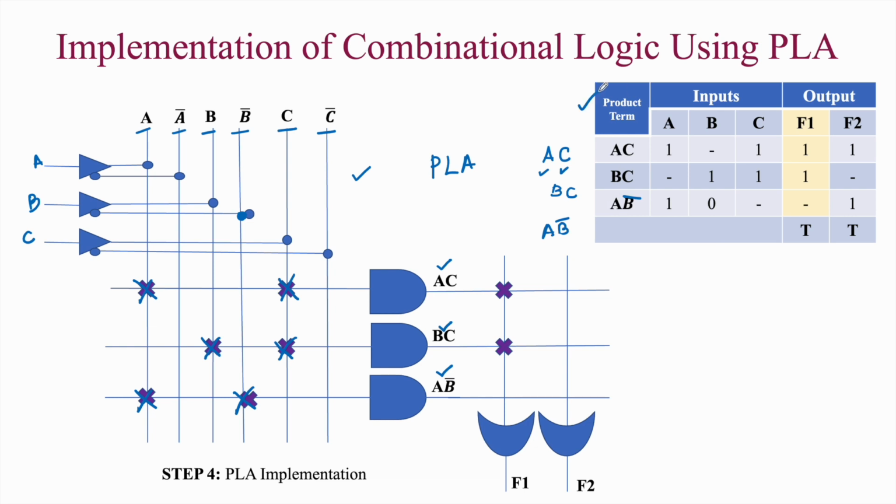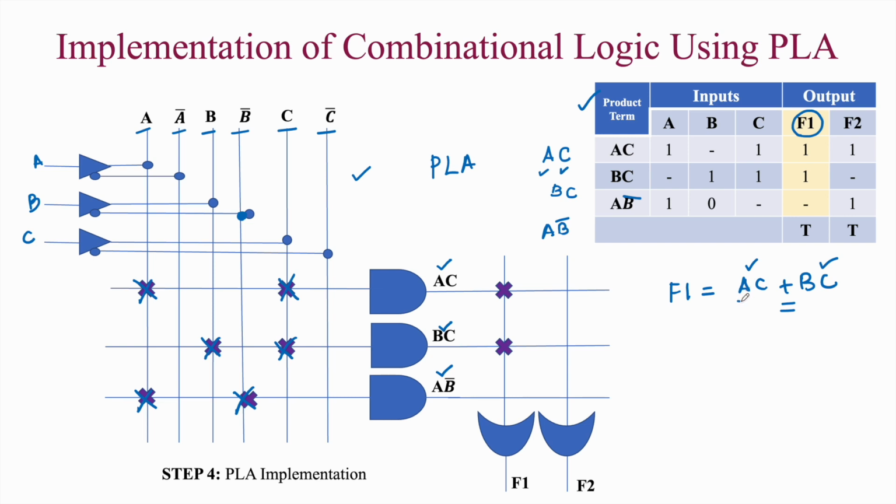So the product terms are programmed. Now we need the functions F1 as well as F2. First let us do it for F1. What is the equivalent function that we have derived? F1 is equal to AC plus BC. So AC we have, BC we have, both product terms are ready. Right now we need to OR AC and BC together using an OR gate.